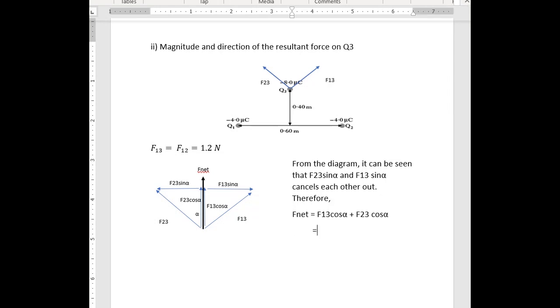This will be 2 F13 cosine alpha, since F13 equals F23.